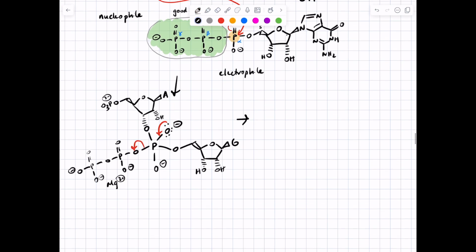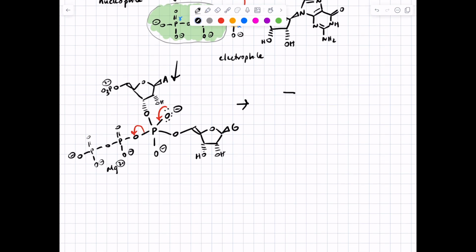And that creates a new bond between the A nucleotide and the G nucleotide, and that bond is mediated via this phosphodiester linkage.